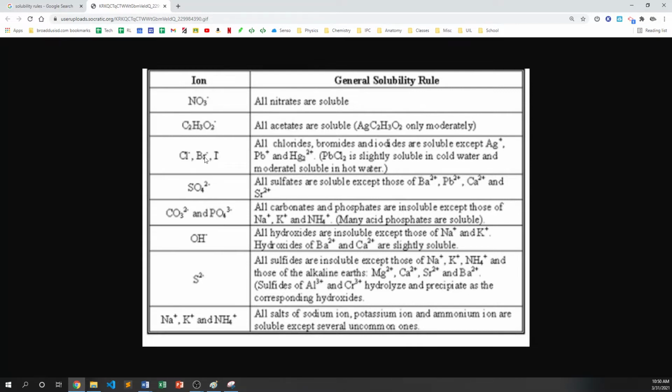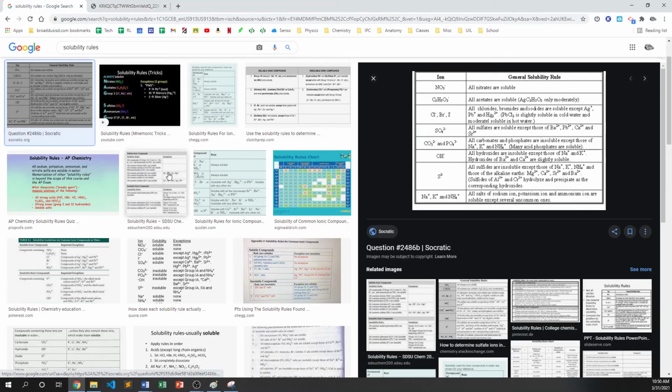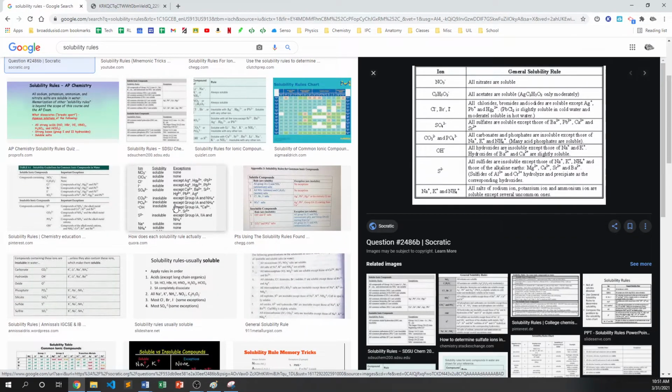So all chlorides are soluble, all salts of potassium are, except several. So this is not a common rule.